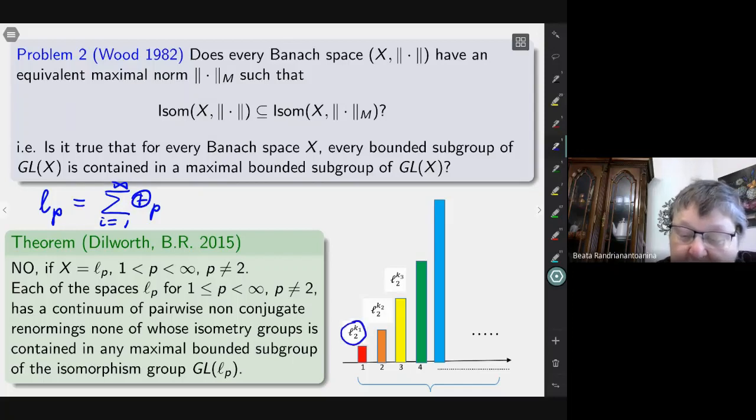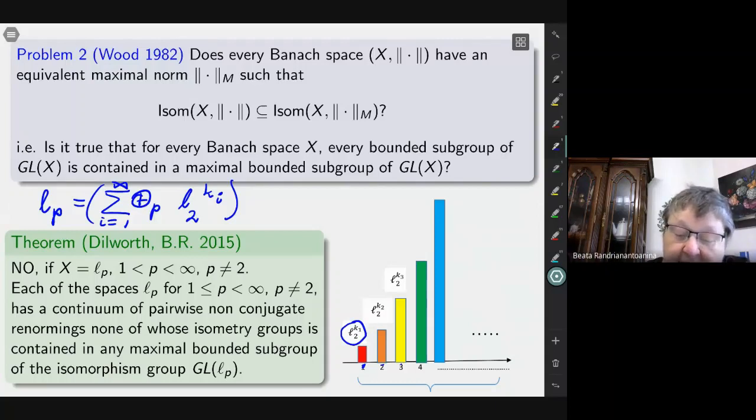You see it's written L2, a Hilbert space of dimension k sub i. So I take such a space. On the first coordinate, I put my L2 of some dimension. Here is a different dimension. Here is a different dimension. I go like that forever.